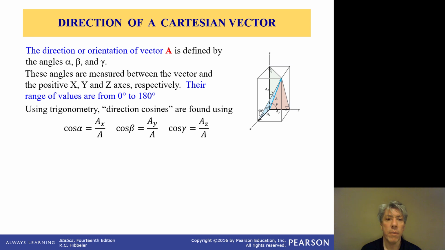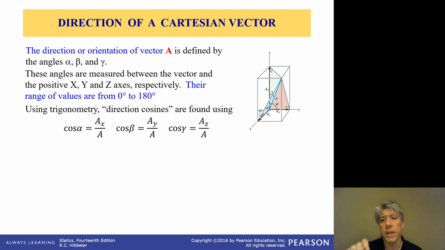Now, if we think about it and use trigonometry, we can realize that the cosine of alpha is Ax over A. Now, look at the figure and this will make more sense. The vector A is just a length vector. It's the easiest one to think of. Of course, this would work with force vectors too, where the magnitude is the magnitude of the force. It's not really a length. But for a position vector, this is easy to understand.